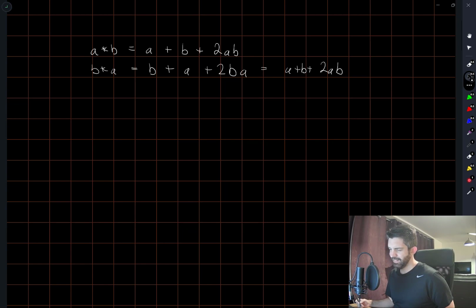Well, let's just try and figure out by hand, trying constructing identities or inverses.